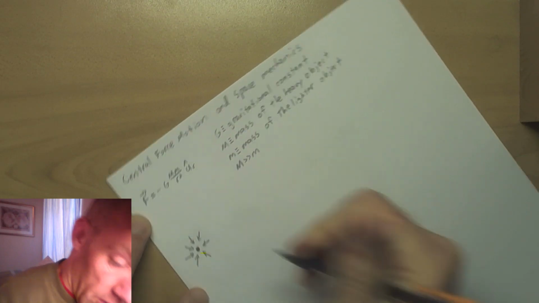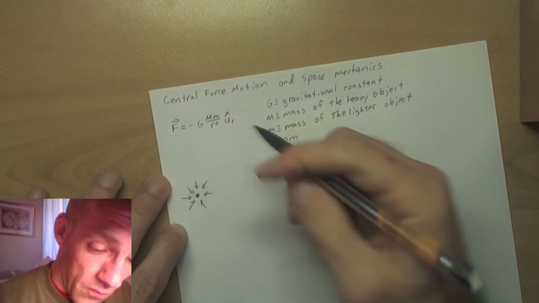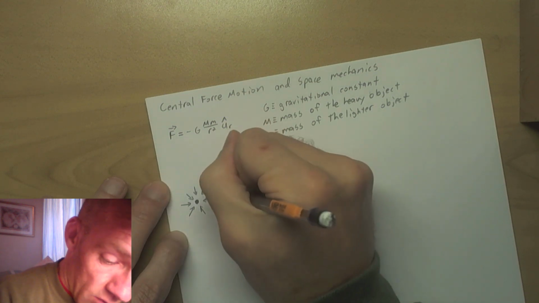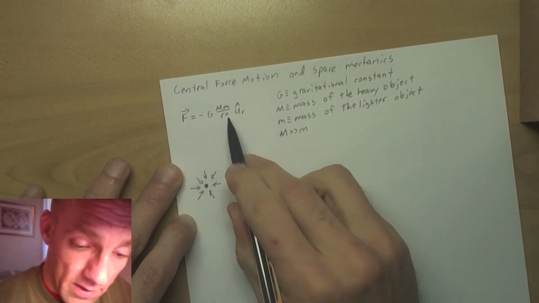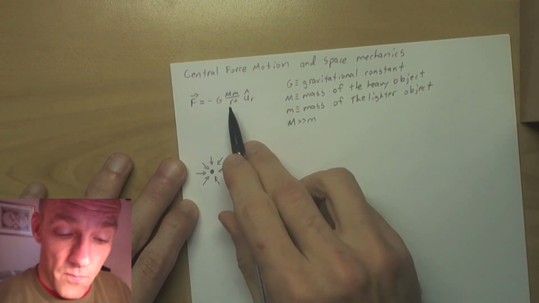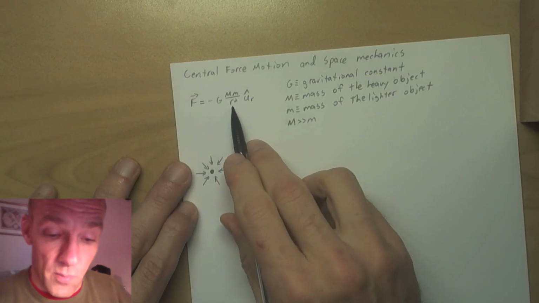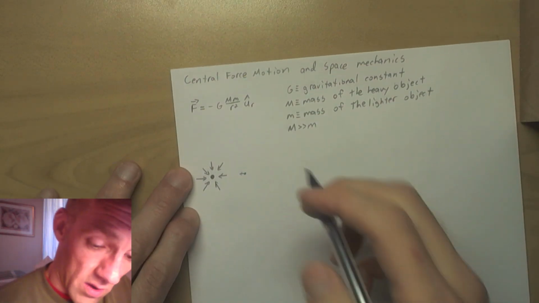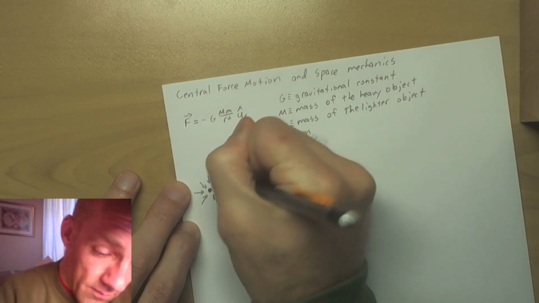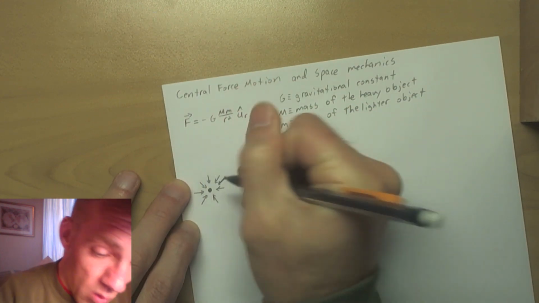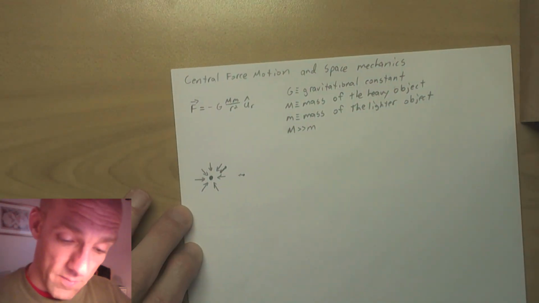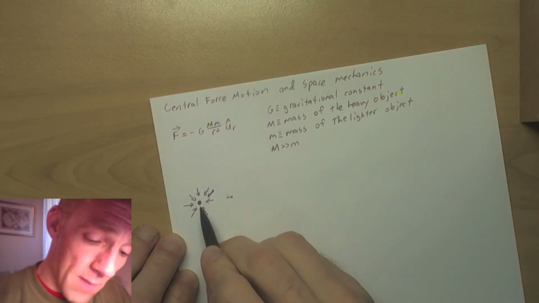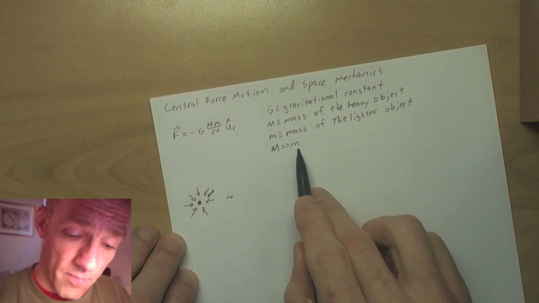If you have an object right here, it'll feel a force towards the heavy body, with a strength that's inversely proportional to the square of the distance. So if you're closer, you may feel a stronger force, but it's always directed towards the heavy body. And the heavy body is stationary. That's where this comes from.